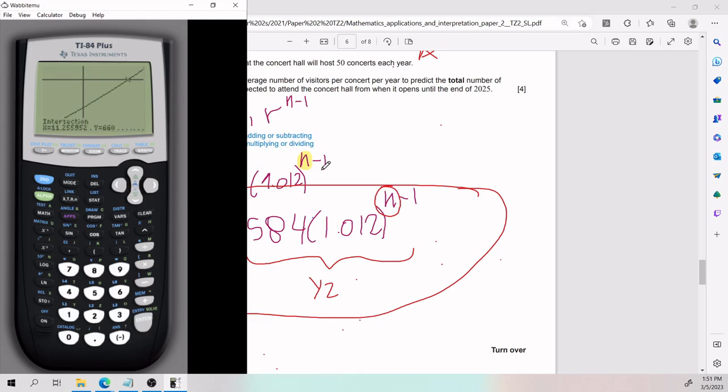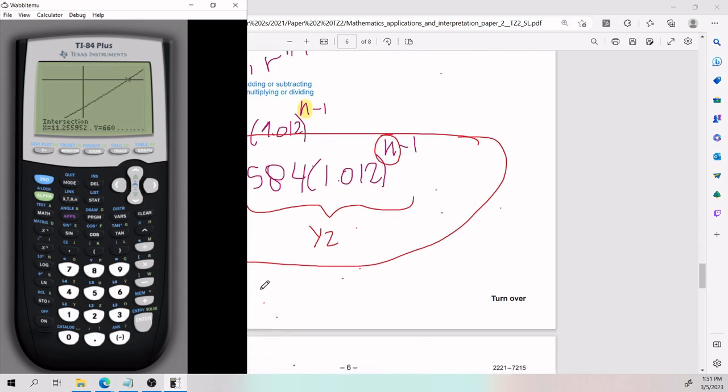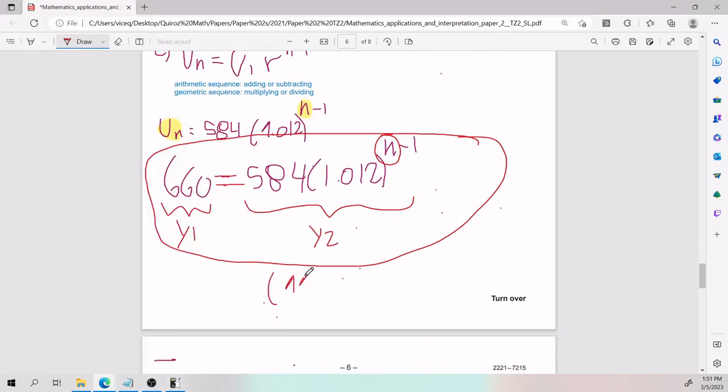I'll write that down real quick. We have a set of points of 11.2559, 660. This set of points is what makes this whole thing true.